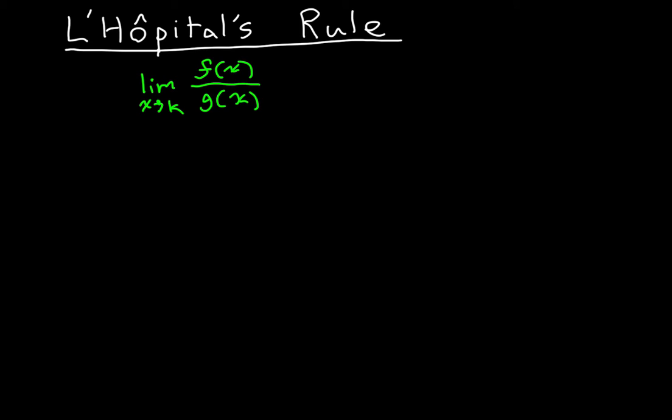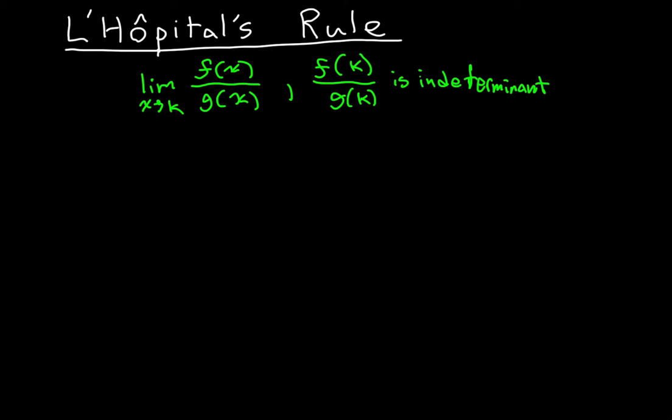L'Hopital's rule applies when you just plug in k for f of x and g of x, you get f of k over g of k, and that is indeterminate. So that's our main condition.